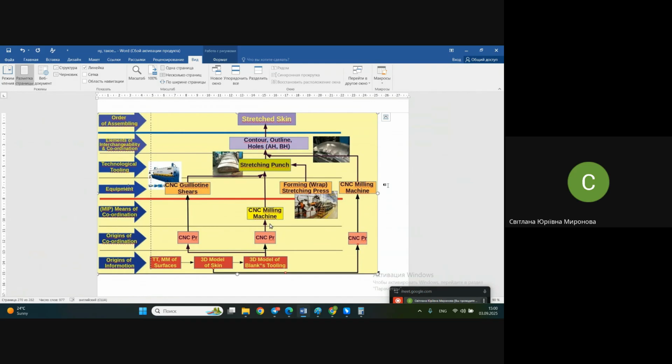Such diagrams of coordination are necessary during technological preparation of manufacturing, to understand and fix decisions on paper or in a computer: how we are going to organize manufacturing and what is necessary to do in pre-production so that in manufacturing we have high-quality results. Approximately it's like this.